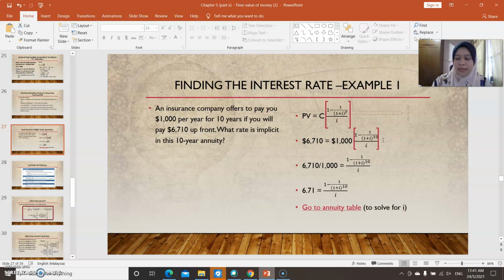Then 1 minus the answer, you will get 0.5368. Divide by 0.08, you will get 6.71. Times 1000, you will get 6710. So it is almost equal to this present value. That's how you use the trial and error process to get your interest rate.